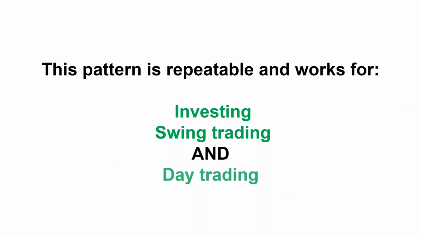In fact, institutional investors by and large are investors, right? So this pattern you're going to see repeating itself on investing time frames, meaning multi-month, multi-quarter, multi-year durations. It certainly works on swing trading, meaning multiple day to multiple week positions. And yes, you guessed it, it also works for day trading.